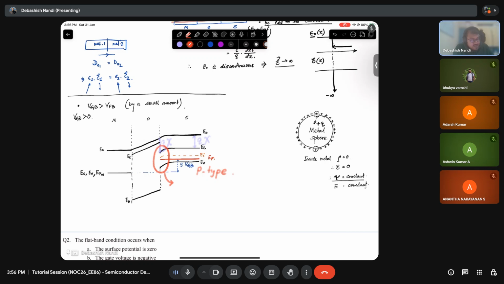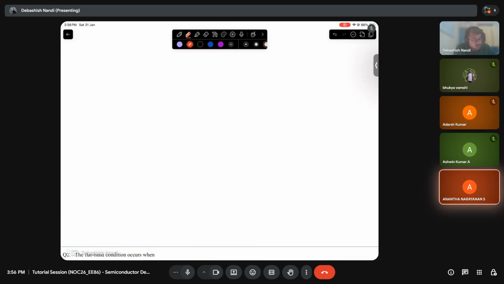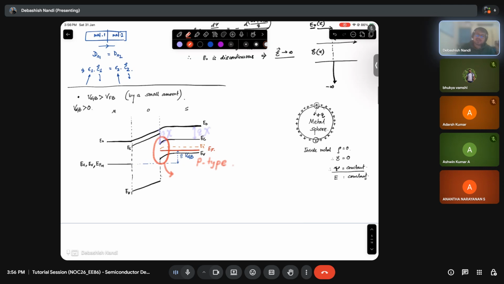So what is the interface type now? So it will be more like N type. No. Why is it N type? In case of N type, where will my EF lie? Above EI or lower than EI?